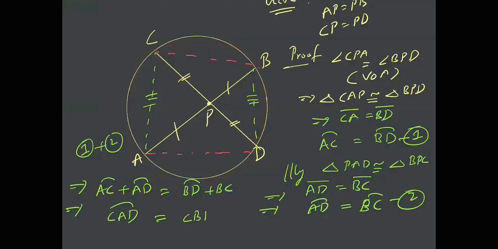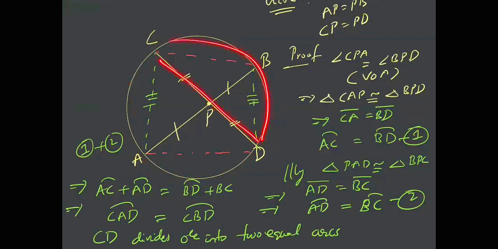So you can see that arc length CAD is equal to arc length CBD. Okay, it means what? CD divides the circle into two equal halves, or say two equal arcs. Okay, this length CD divides the circle into two equal arcs, right?